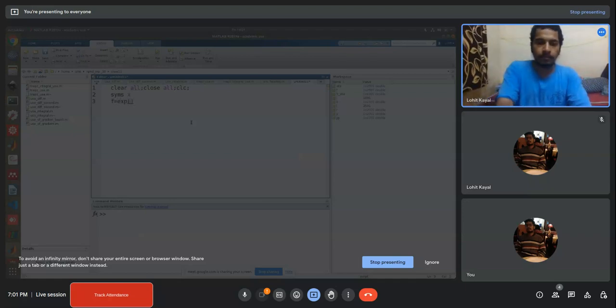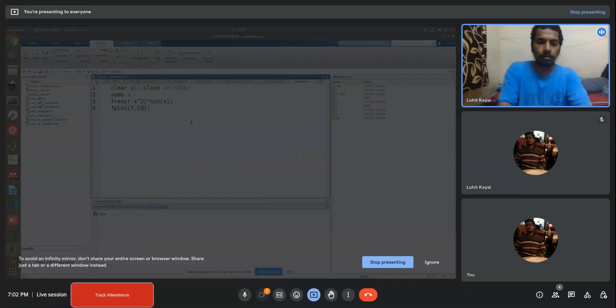Suppose the function is exp of minus x square times sine of x.